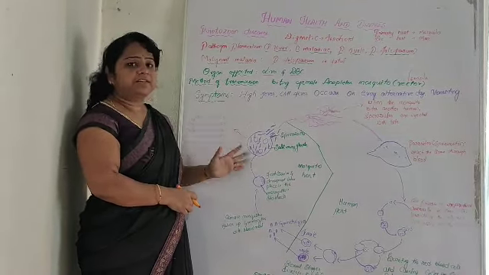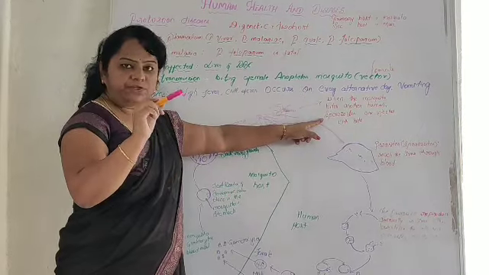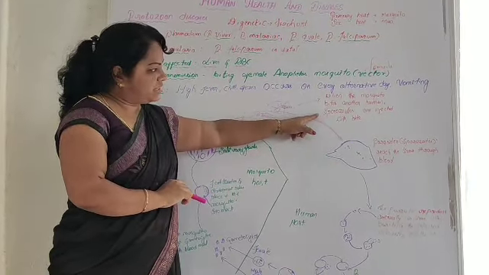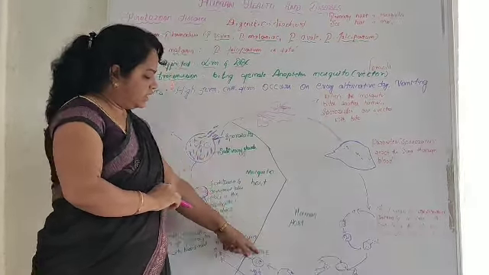Here, whenever a mosquito bites another human, sporozoites are injected with the bite. Here you may have a doubt, what are sporozoites? After this explanation you will know.